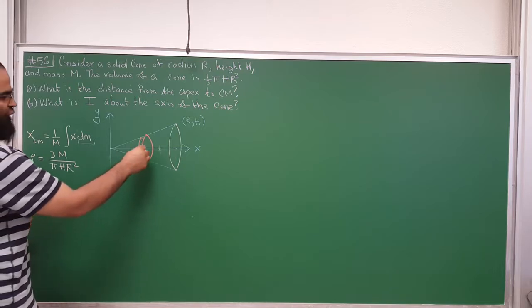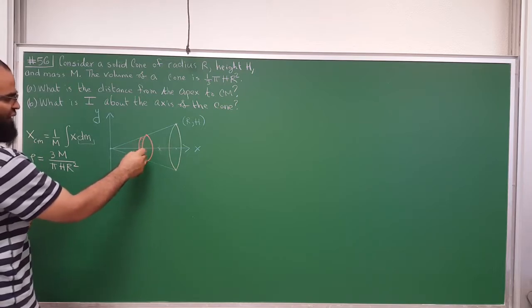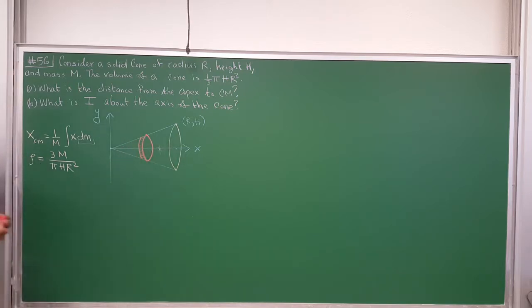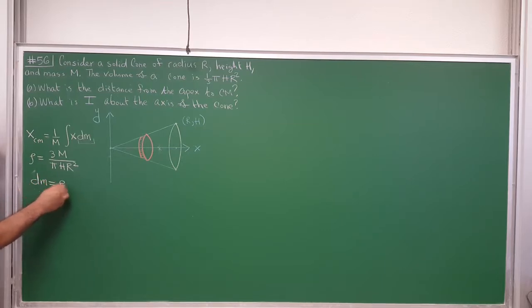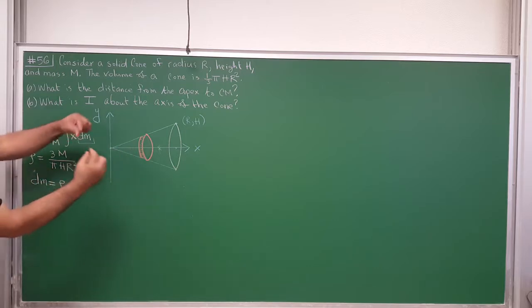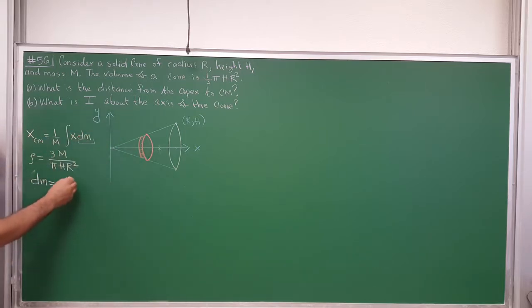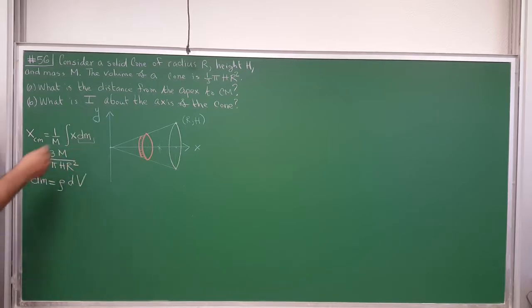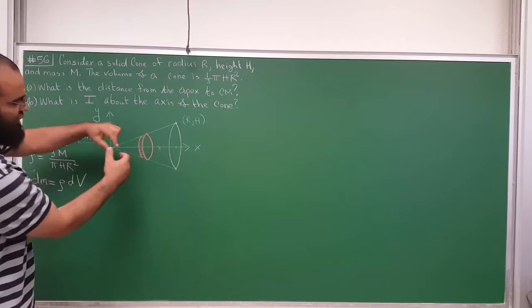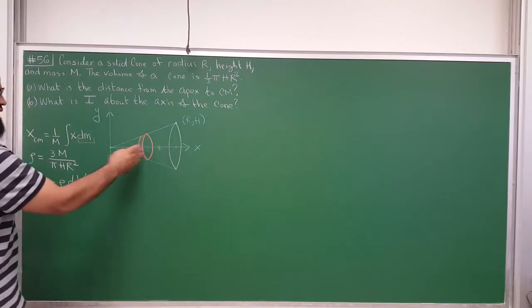Well, it will be the volume of this section times the density. So dm will be the density times the volume of this little cylinder, like a little coin, if you like. I'll call the volume dV. Now, what's the volume of a little coin? It's the area times the height.